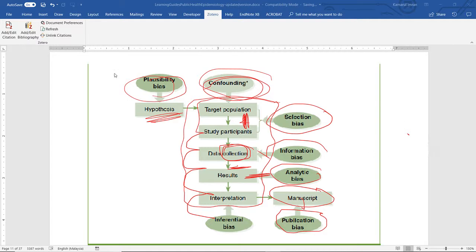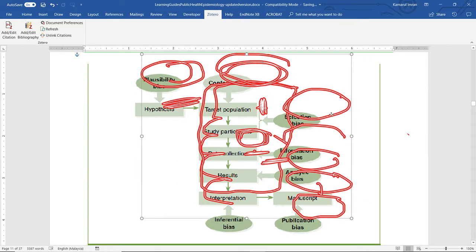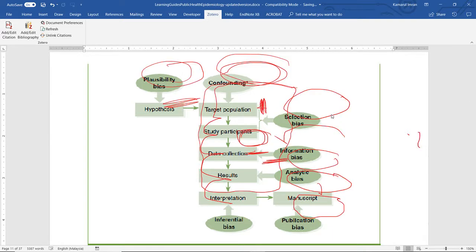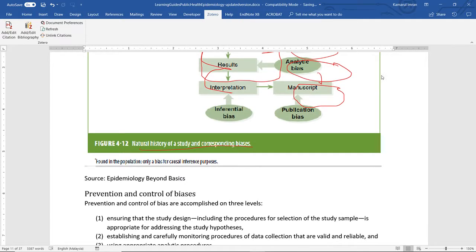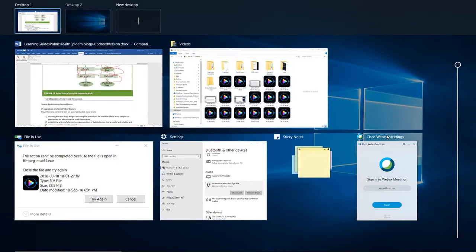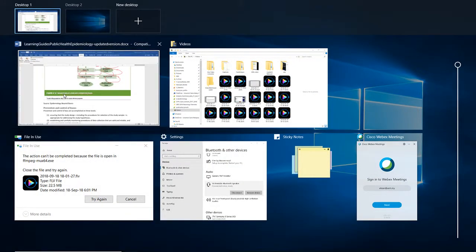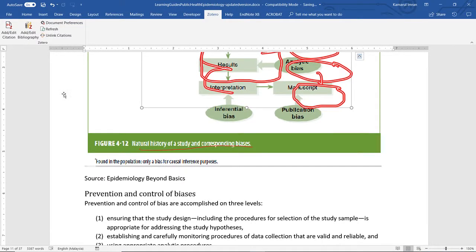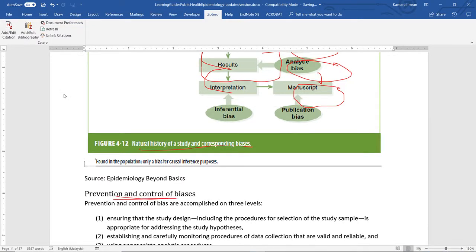All right, next, let us move on. Prevention and control of biases.